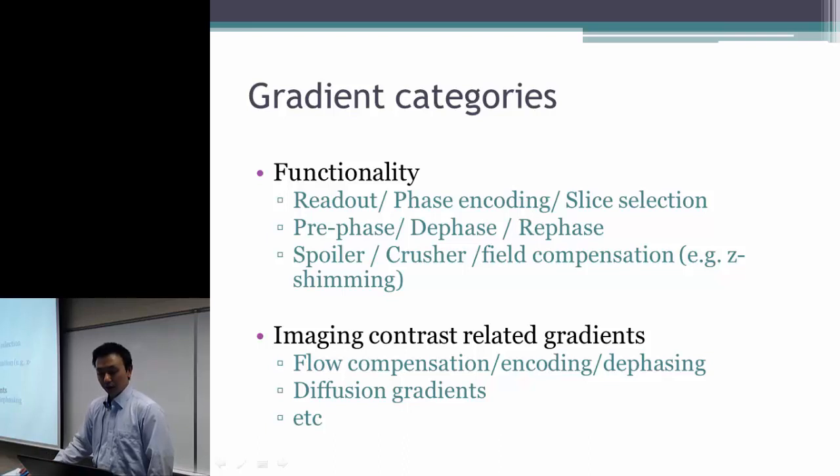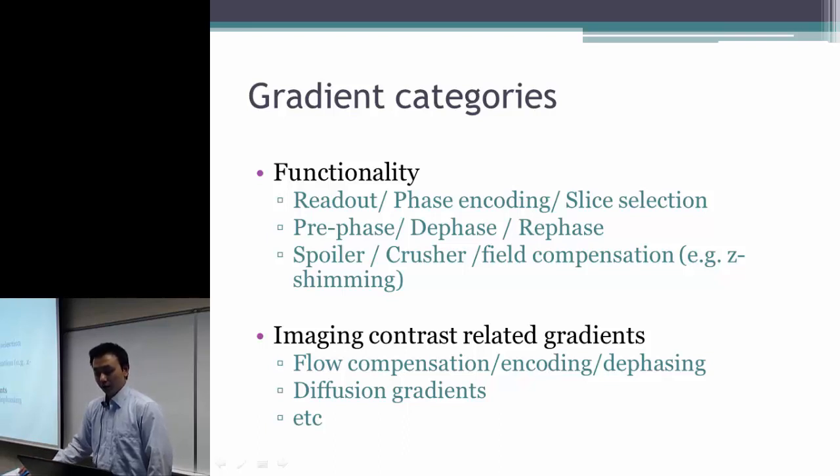And also if we want to detect how fast the blood is flowing, we want to detect the velocity of the blood flow, we can have these flow encoding gradients to give us this information. And also, if we want to remove the blood signal, we have these flow dephasing gradients that can totally remove the blood signal to give us the dark blood images.